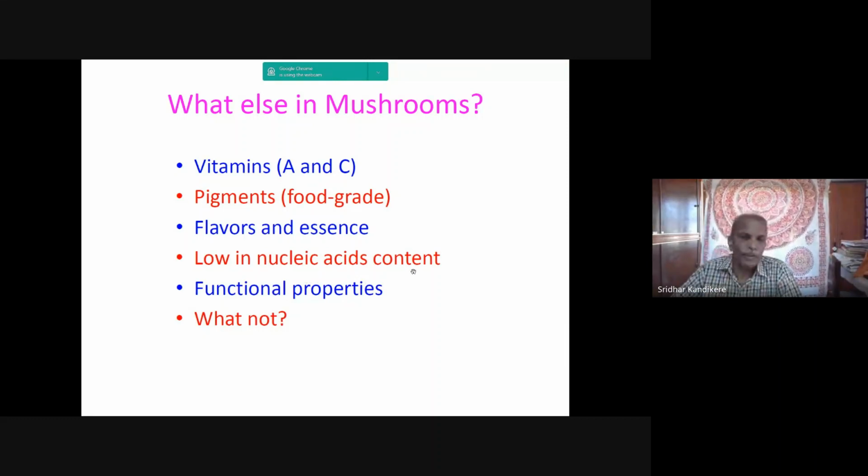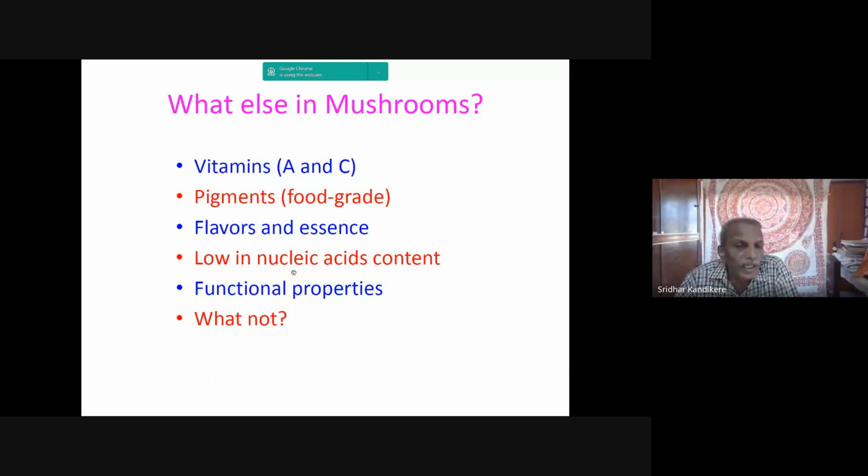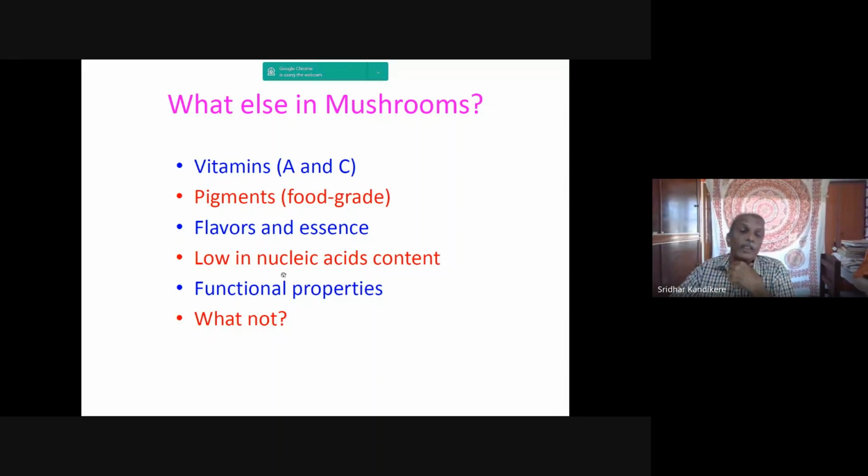It is a very, very important aspect to think of, because if the nucleic acid content is high, we end up with kidney stones. See, for example, algae can be cultivated because it traps photons and produces a lot of biomass, and it can be used for human food also. But the nucleic acid content of algae will be very high, especially the microalgae.